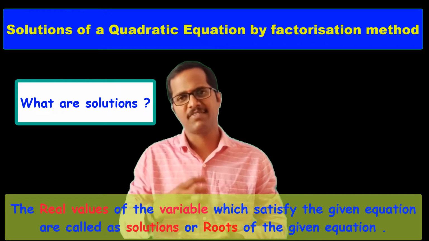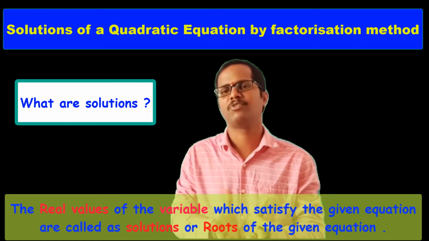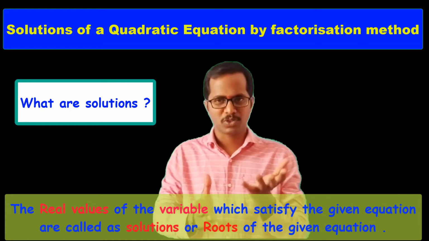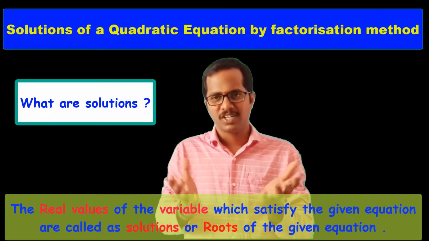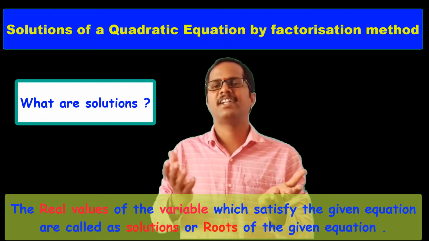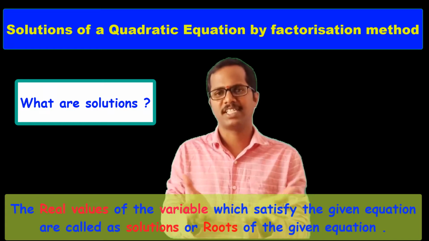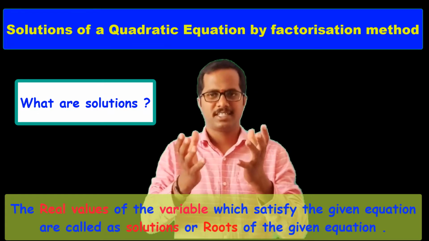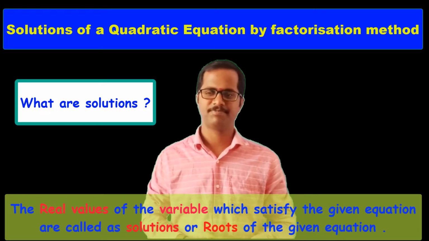Here, satisfying the equation means when the solution is substituted in the place of the variable, we get both LHS and RHS parts as equal. So the value which makes the LHS and RHS parts equal for the quadratic equation is said to be the solution of the quadratic equation.